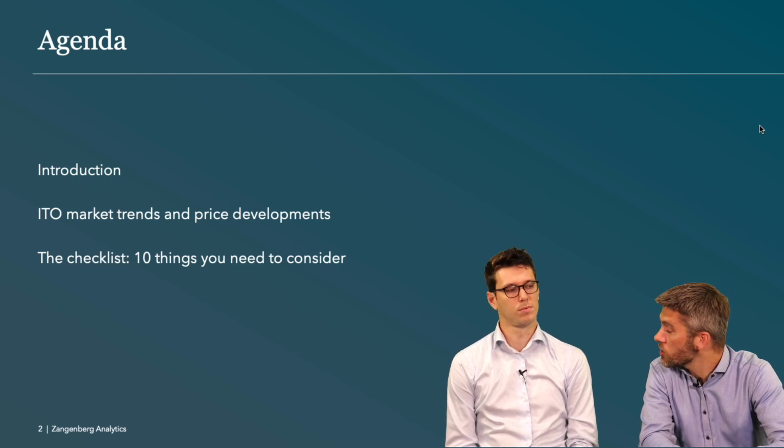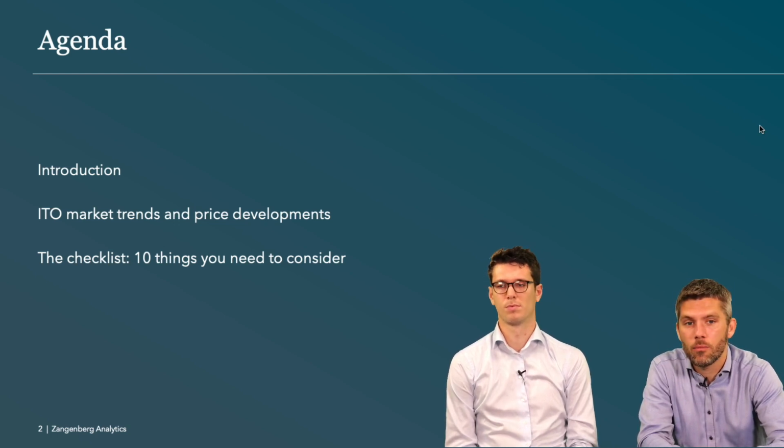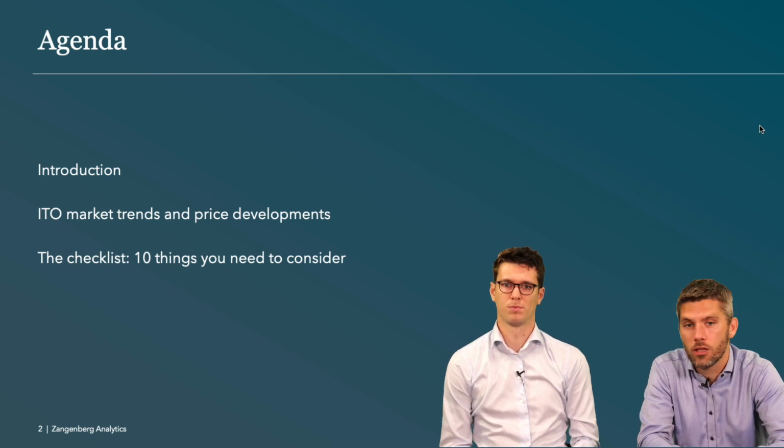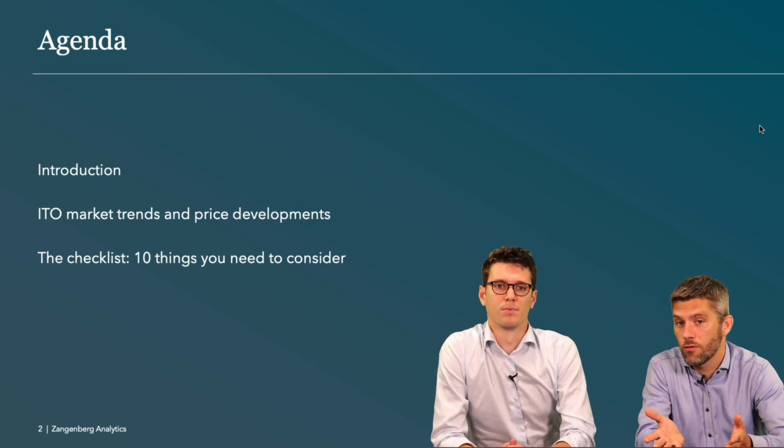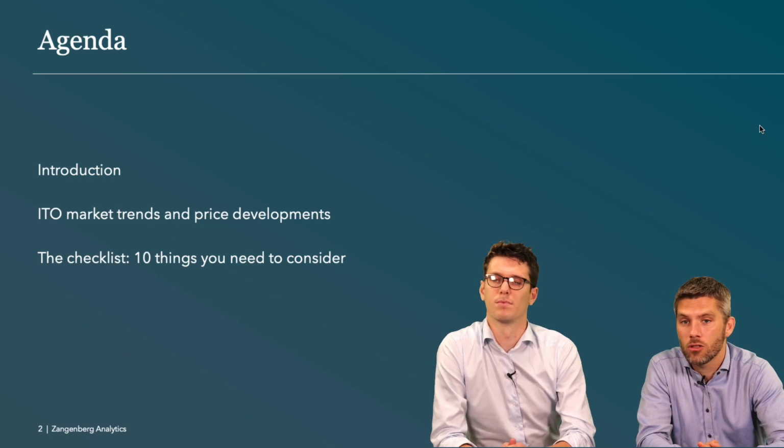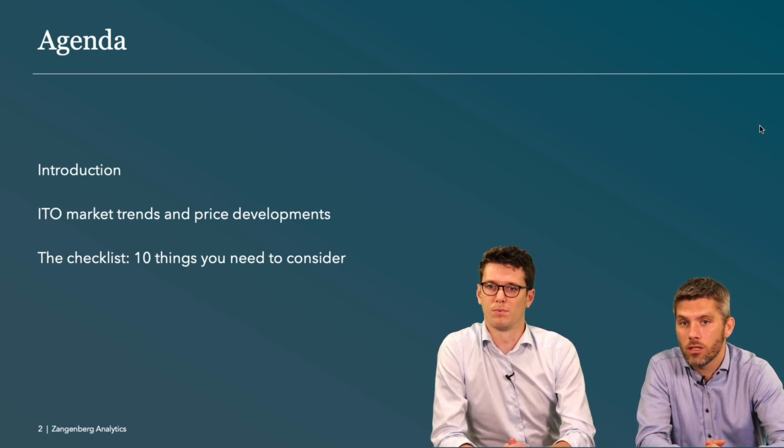And then the checklist, which is the main theme today, the 10 things you need to consider before you enter into an ITO agreement, or things you need to consider in your agreement that's already in place, and should at least just check if your agreement lives up to your expectations in this regard.